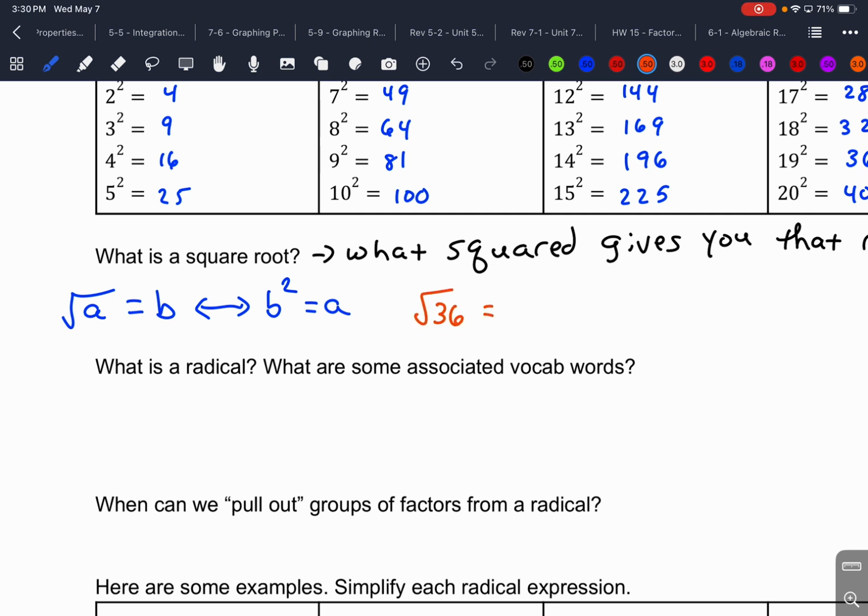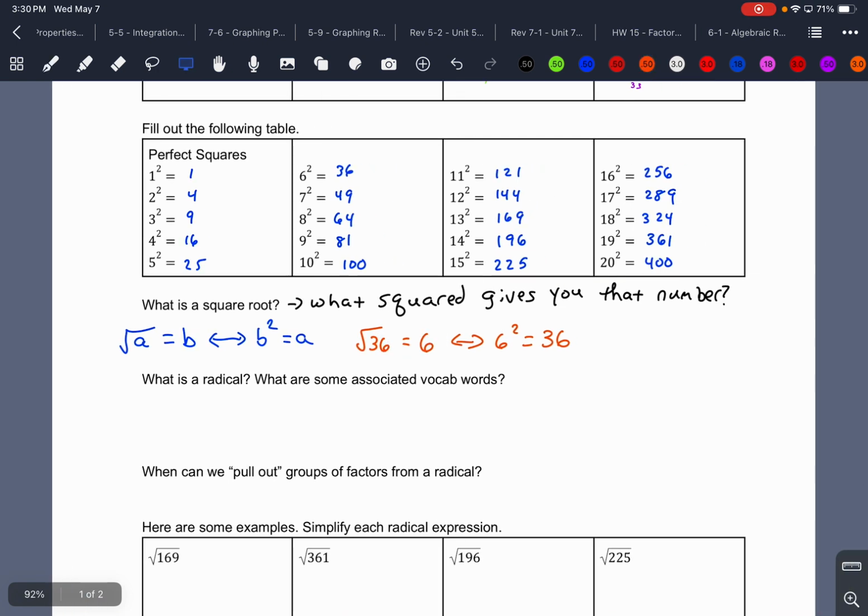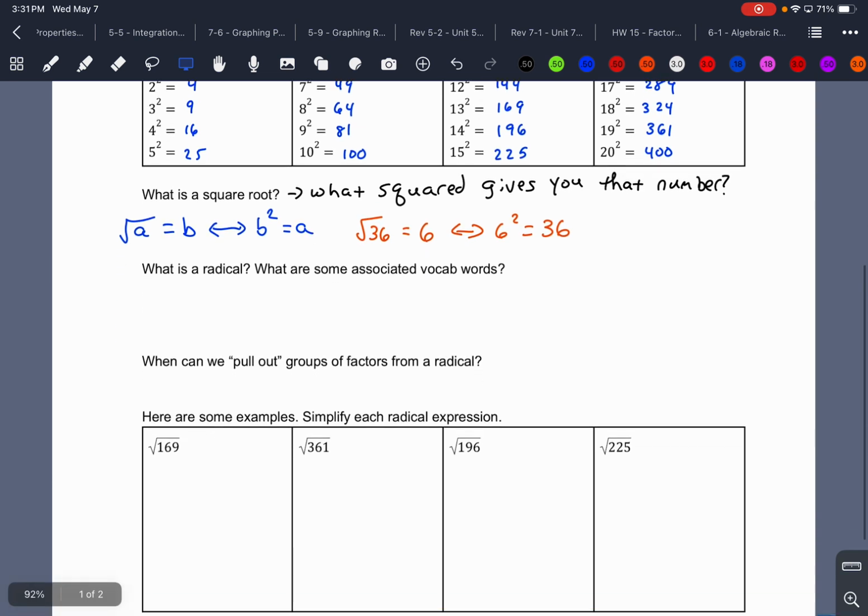That is 6. Why? Because 6 squared is 36. So when I ask you for a square root, what you can do is go to this list, say, here's 36. What squared gives me that? It's 6. Okay? So we'll do a couple of these down here.